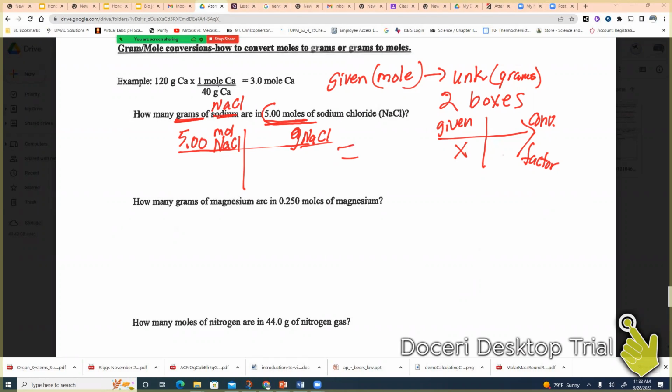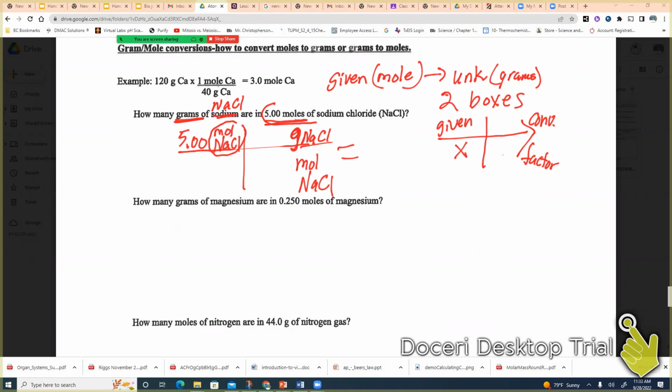At this point, you follow your units. If I'm moles of sodium chloride here, I have to be moles of sodium chloride down here because I need those units to cancel. So right now in this box, I need a conversion factor that is grams per mole. So what have we been doing the last day that would work there? Molar mass.